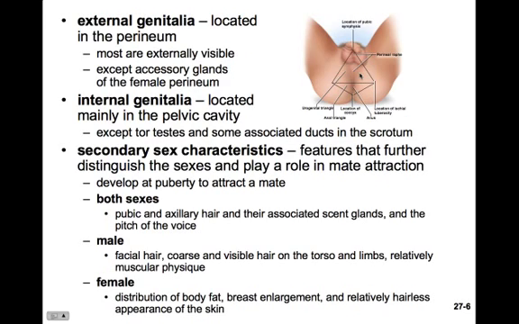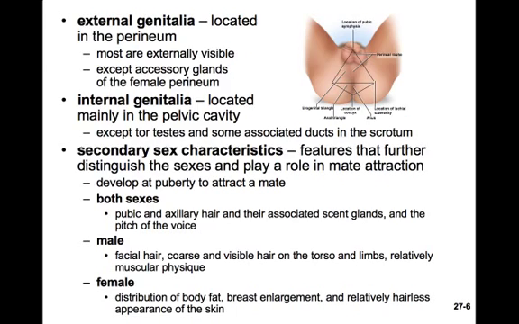However, in the female system, there are some accessory glands that we cannot visualize. The internal genitalia are located mainly inside the pelvic cavity. Except for the testes and some of the associated ducts in the scrotum, they have become specialized to descend out of the body cavity to accommodate specific temperature requirements for sperm development.